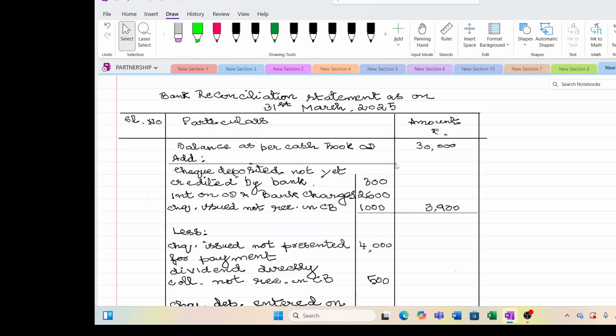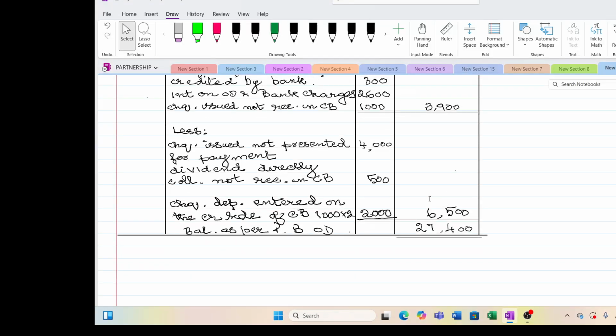Okay. So now what happens? All these things you add, that comes to 33,900 and you reduce this 6,500. So the net balance will come as 27,400. This is the balance as per bank, overdraft balance as per bank, or you can call it debit balance as per banker's statement.